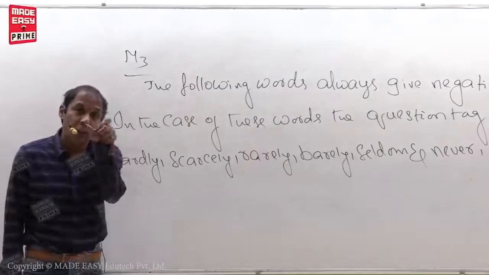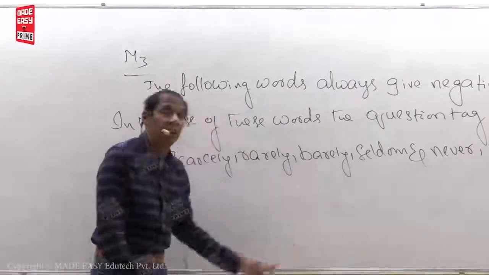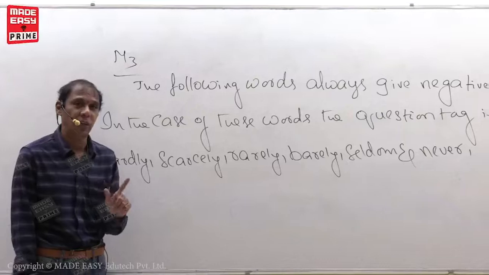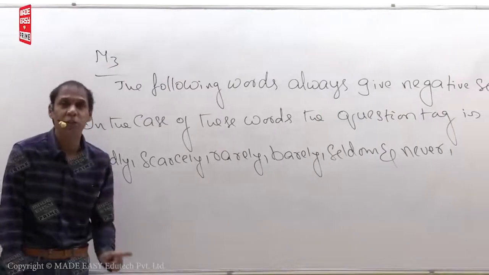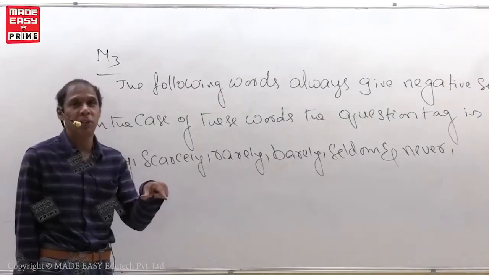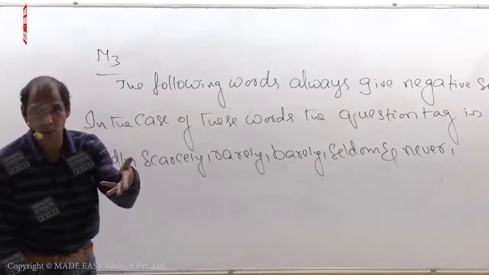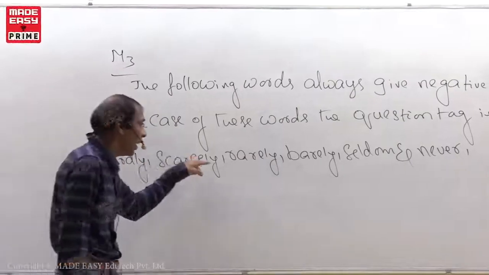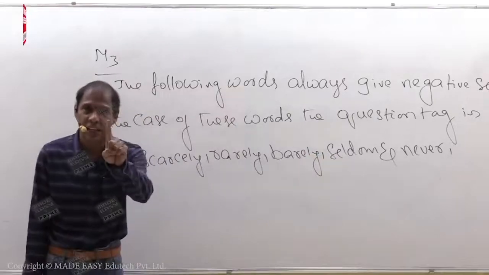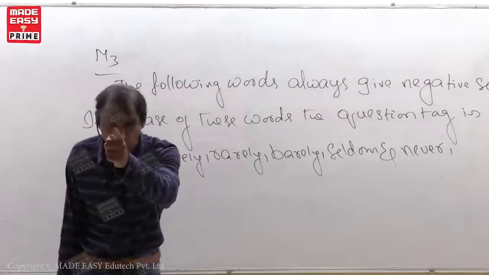So, my dear students, if you find any one of these words in a sentence, it means that is a negative statement. So, in the case of negative statement, question tag must be positive. It means if you find any one of these 6 words in a sentence, question tag must be positive.